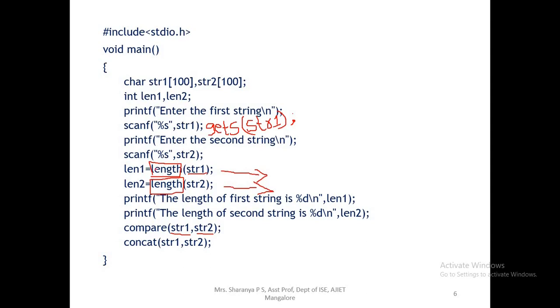Now we will see the functions one by one, that is length, compare and concatenate. First, moving to the length function. Here we have started with the header file, since we are writing the functions first and then going for the main.